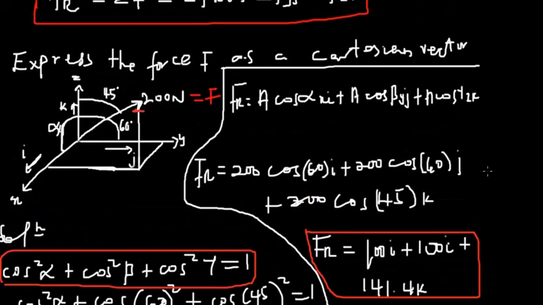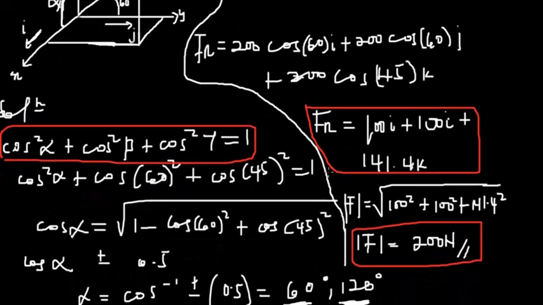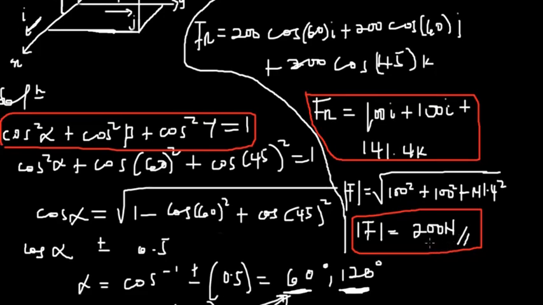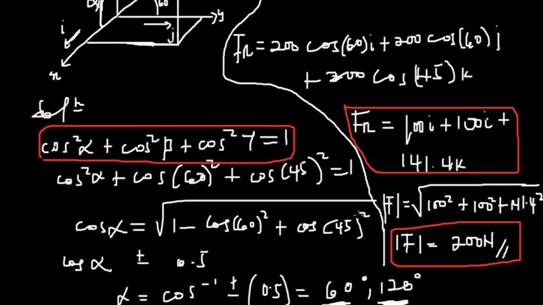After that, we converted the polar form into Cartesian, and that gave us this resultant force. Finding the magnitude of the resultant force, we ended up with 200 newtons. Again, you could also find the direction, but it doesn't matter because we were first given the angles.